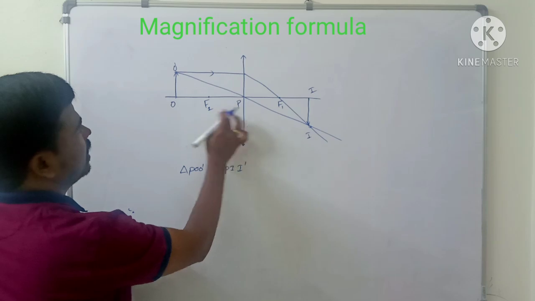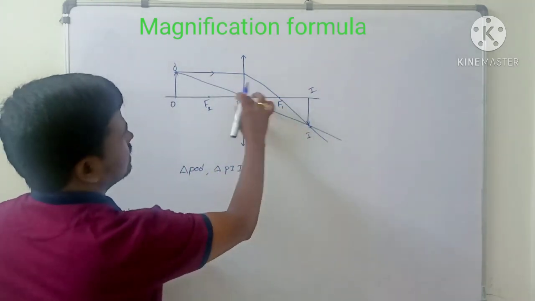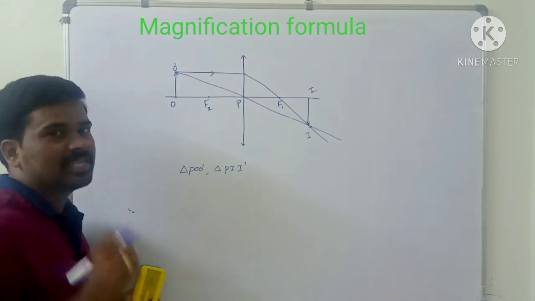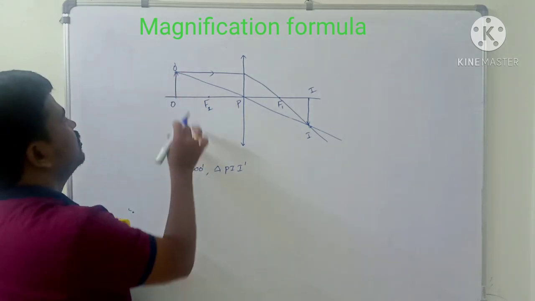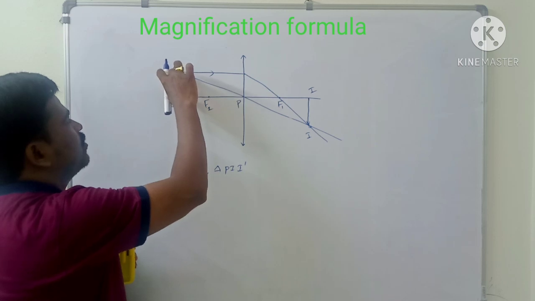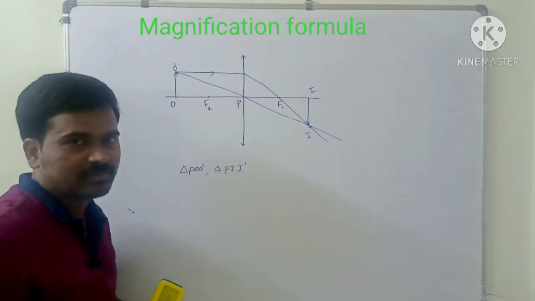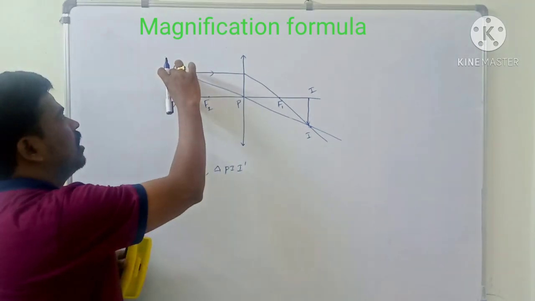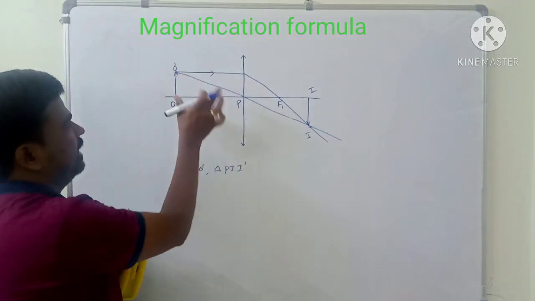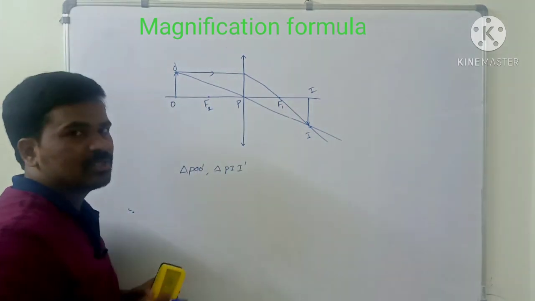When they are similar, the ratio between the opposite and adjacent sides of both triangles is equal.